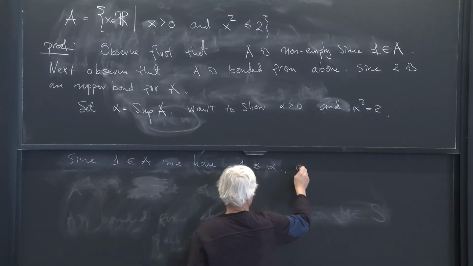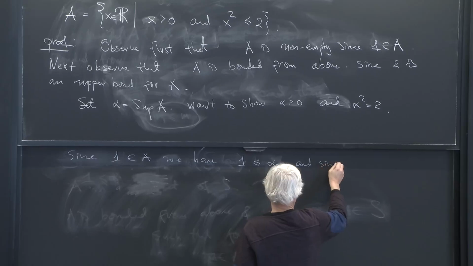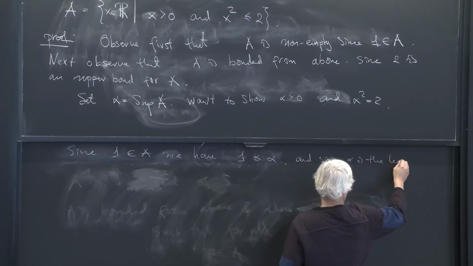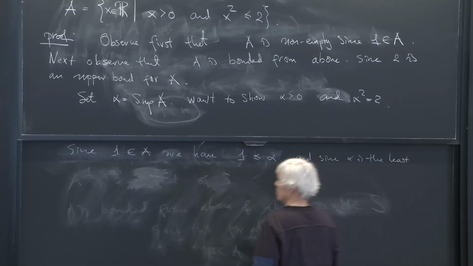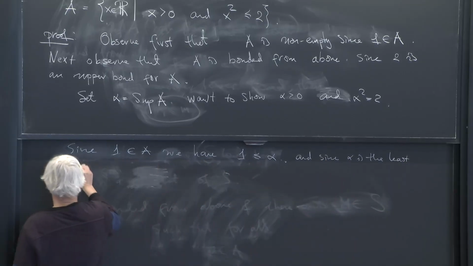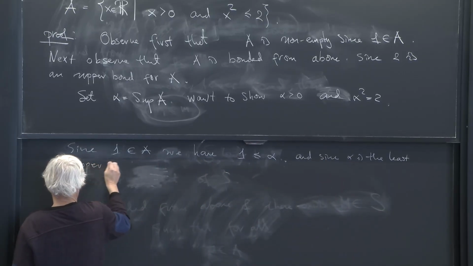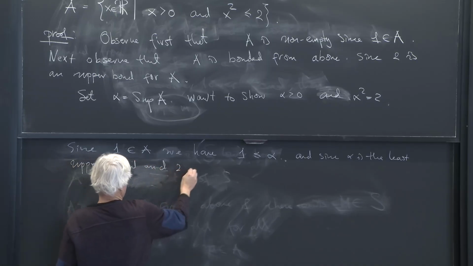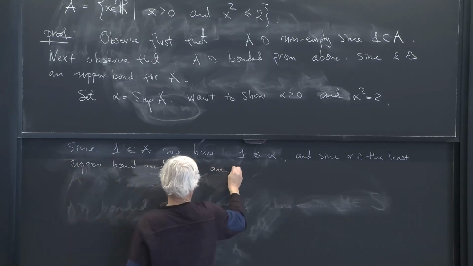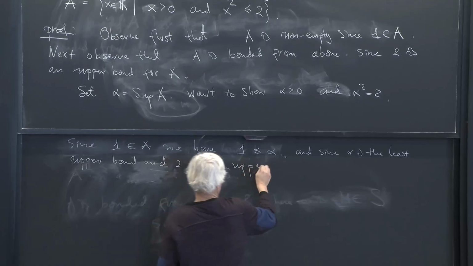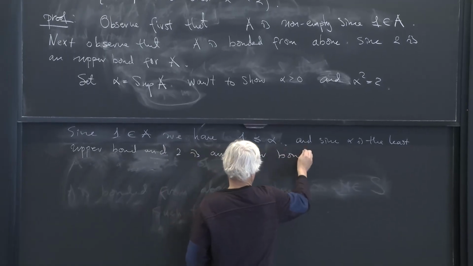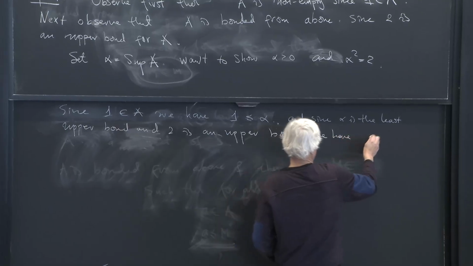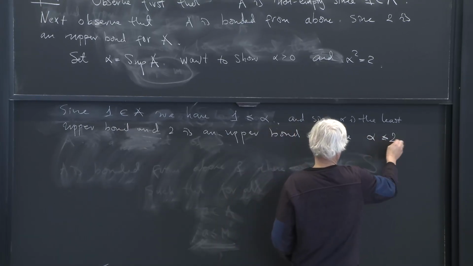And since alpha is the least upper bound, and 2 is an upper bound, we have that alpha is less or equal to 2.